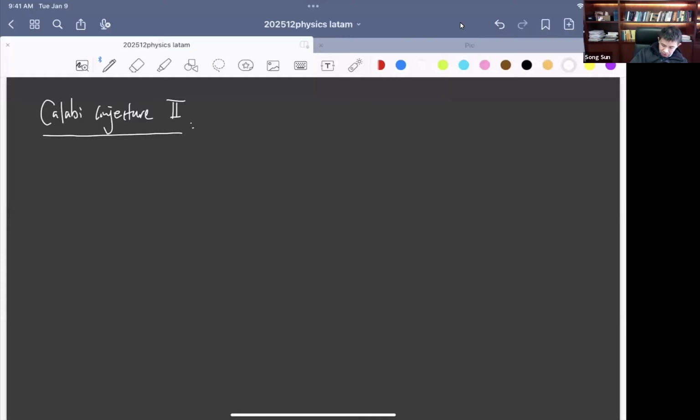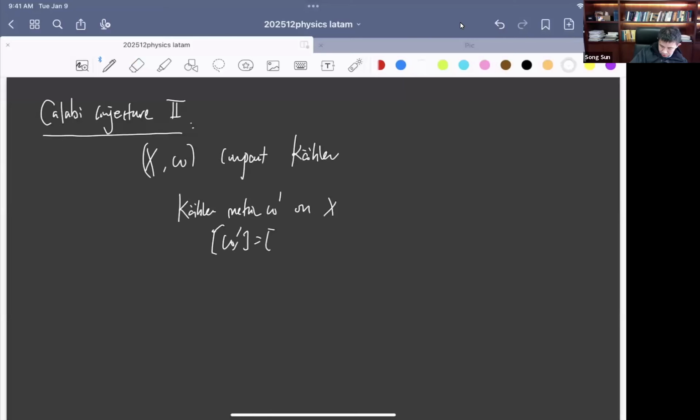It says that if X, omega is a compact Kähler manifold, then you have a map from all the Kähler metrics omega prime on X in the same cohomology class.